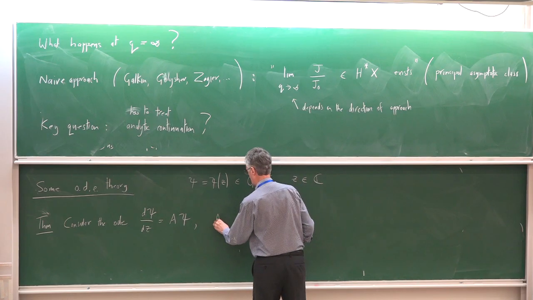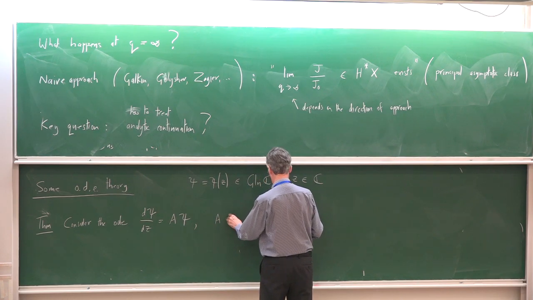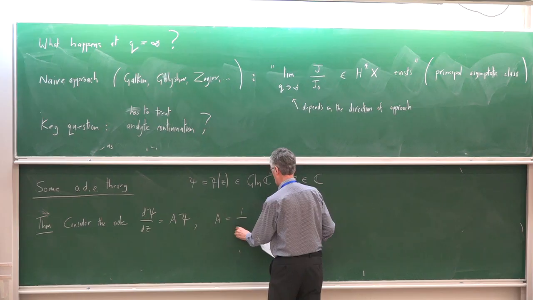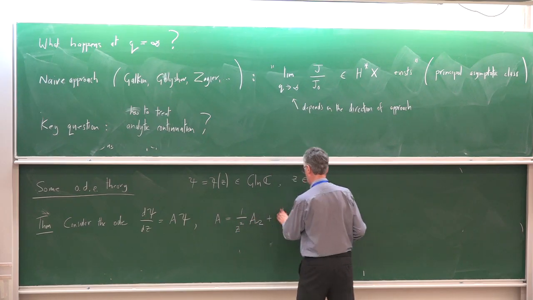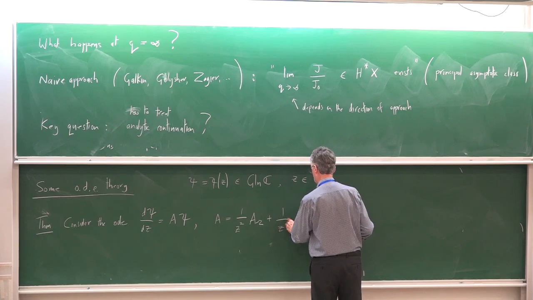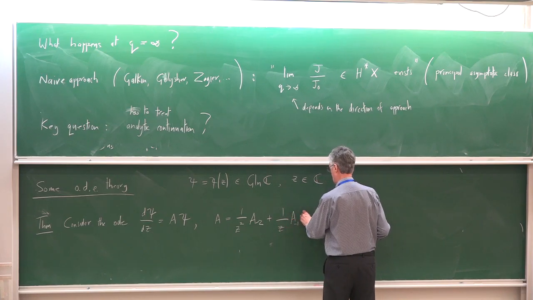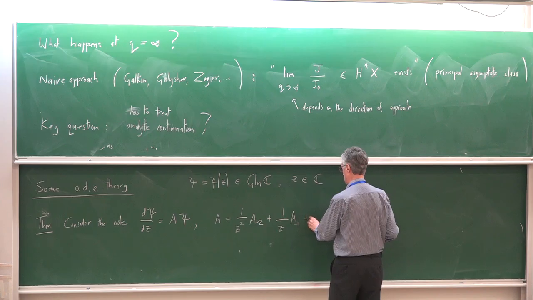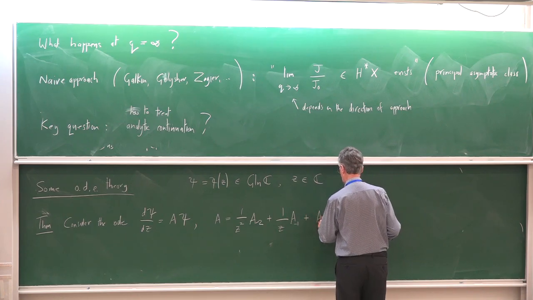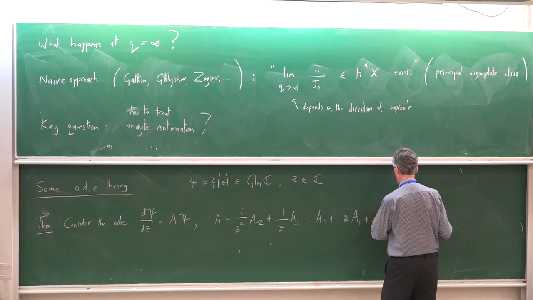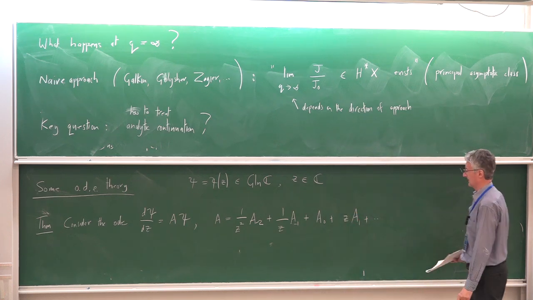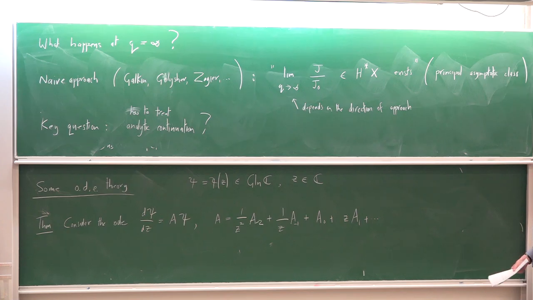And then A is going to be a function of z. So A is actually going to be, well, I'm only going to consider the case of a pole of order 2, because that's what I would need. And then the A_i are constants. But it might be a finite polynomial, or it might be a convergent Laurent series. So consider something like this.